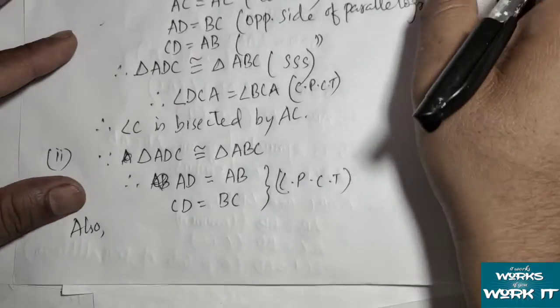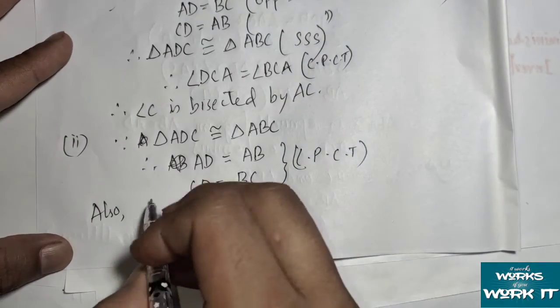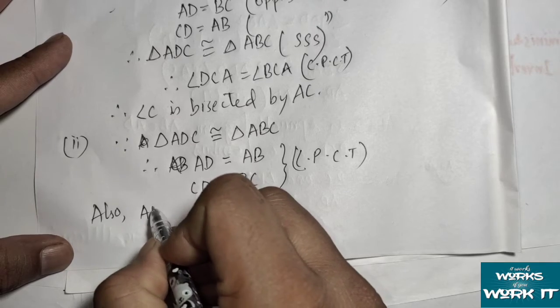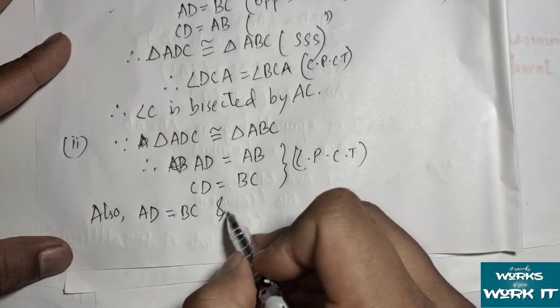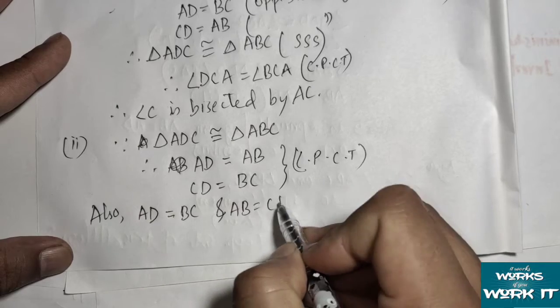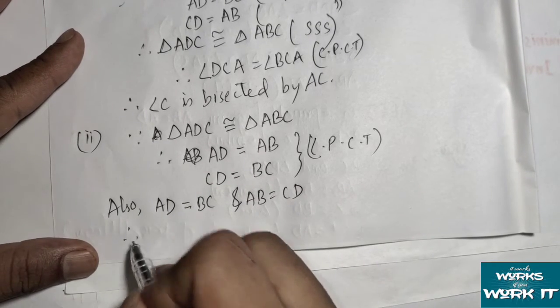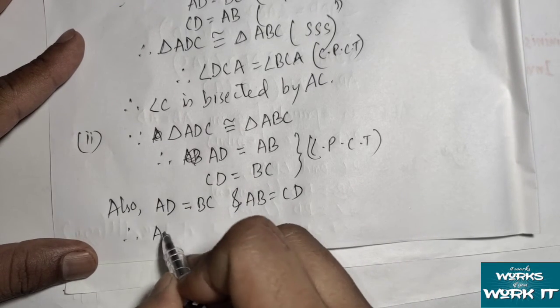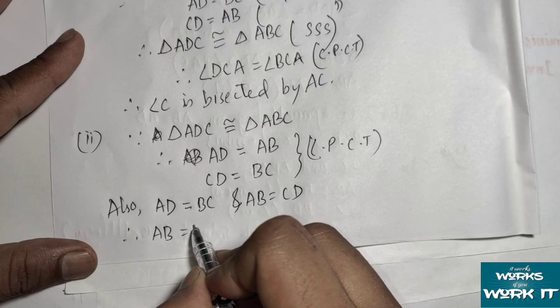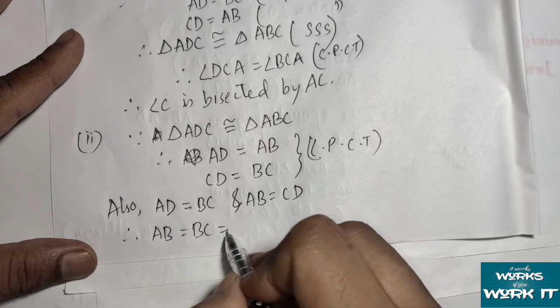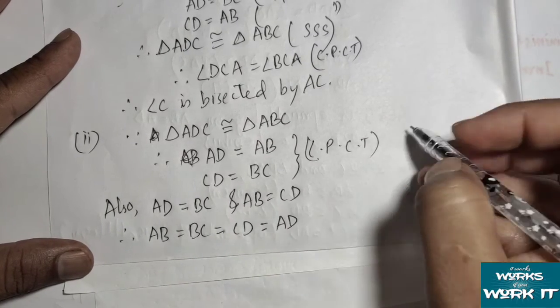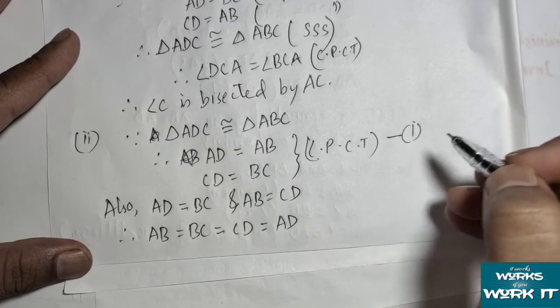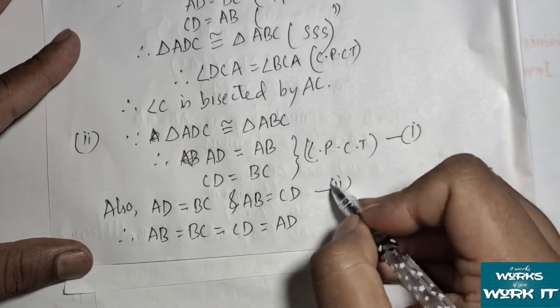So from the parallelogram property we can write AD is equal to BC, compare the diagram, and AB equal to CD. So we can write that all the sides are equal: AB is equal to BC, BC is equal to CD, CD is equal to AD. Or else you can write this one as 1 and this one as 2.